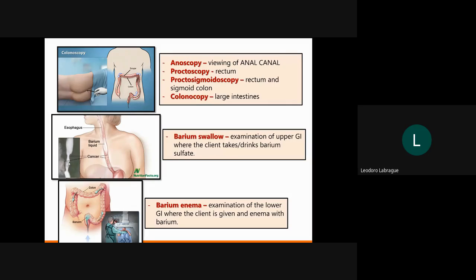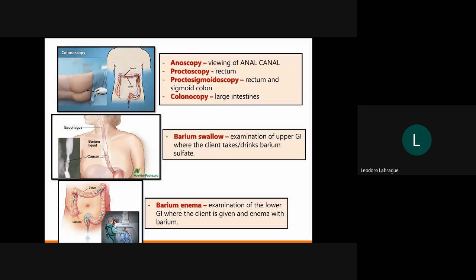Now, how about the lower intestinal tract, the rectum, the large intestine? If we have barium swallow to check the structure of the esophagus and the stomach, we also have barium enema to check the structure of the colon and the rectum. In barium swallow, the patient drinks the barium. In the barium enema procedure, definitely the patients will not drink the barium.